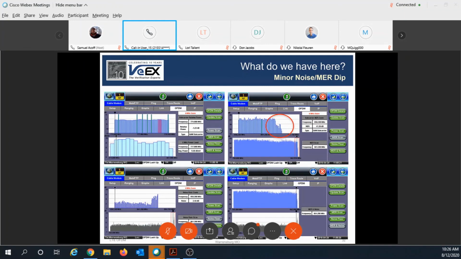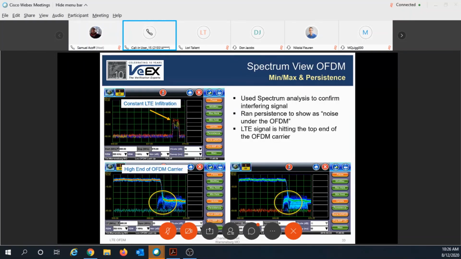Here's another sample of a little roll-off at the end. Again, very minor when you look at the overall OFDM, but this was a little bit of LTE getting into the system. The top left picture shows the spectrum analyzer picking up some noise, and the bottom two screens show a measurement called persistence that looks for intermittent ingress underneath the OFDM carrier.